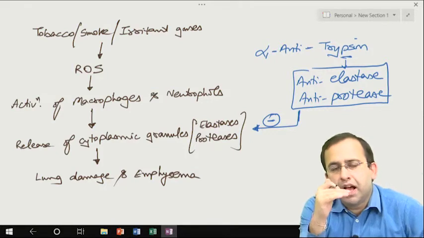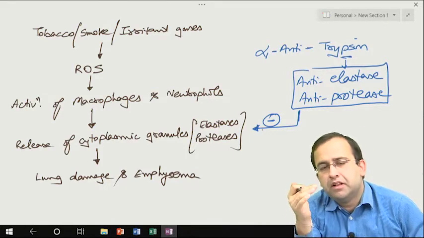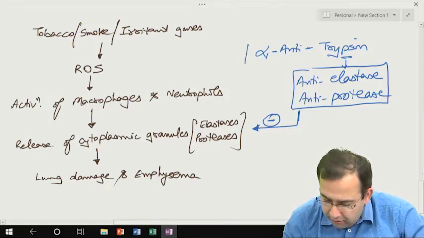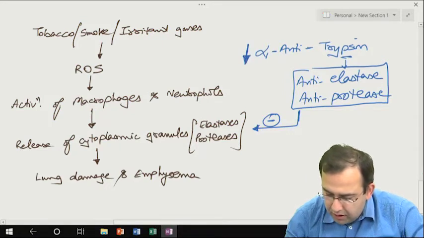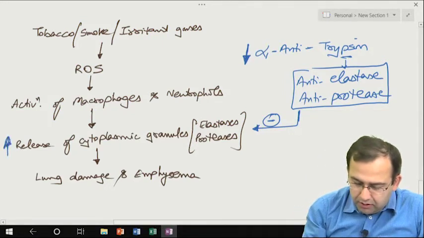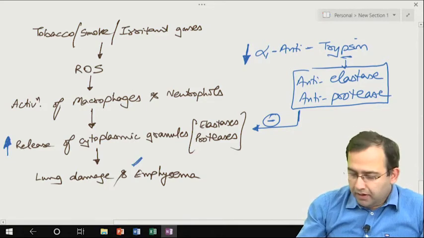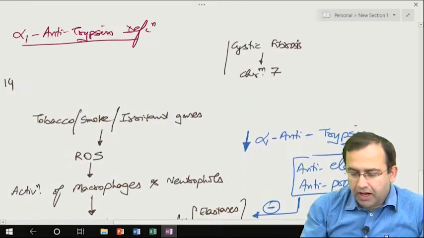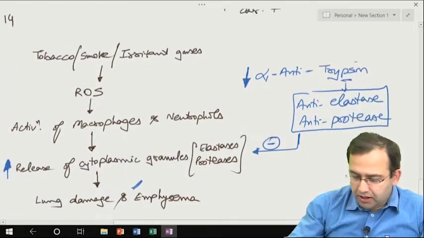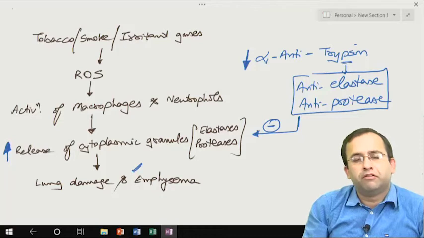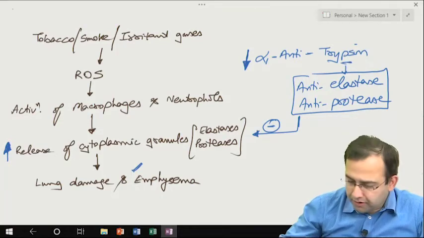So if alpha 1 antitrypsin is deficient, the action of neutrophilic granules increases, in turn leading to emphysema. This is the pathogenesis of alpha 1 antitrypsin deficiency.